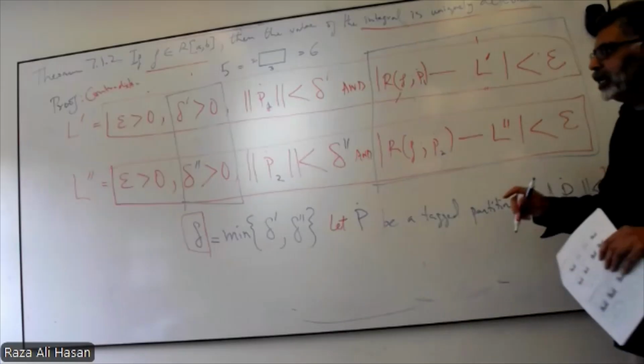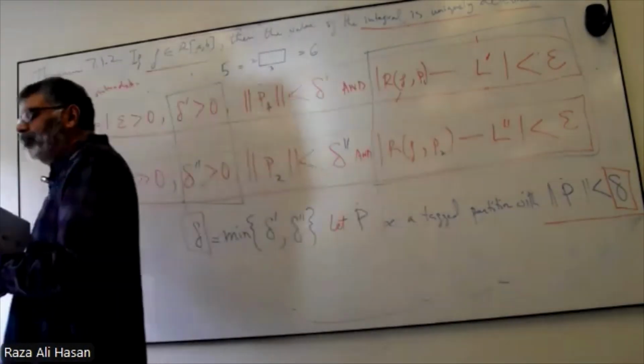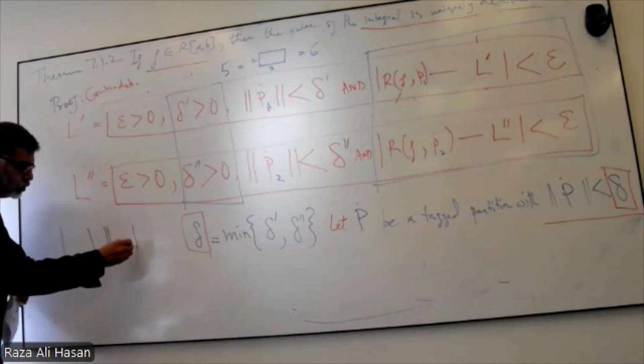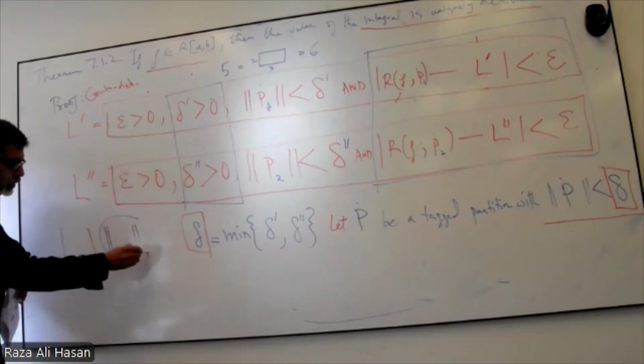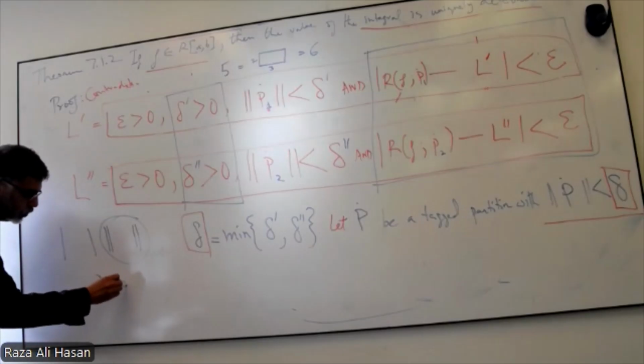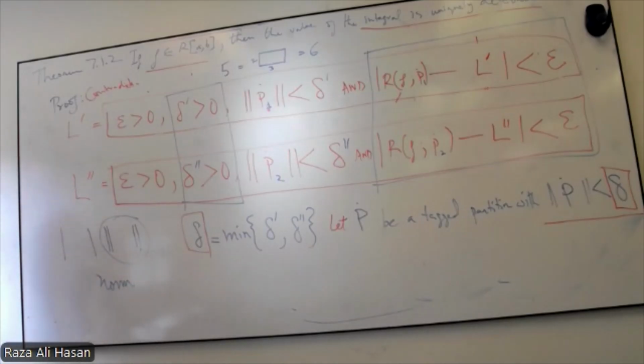Also, I don't know if you were here in that class, there are 2 ways to do this. This is the absolute value signs, and this is called the norm. And the norm says the length, the width of the base.